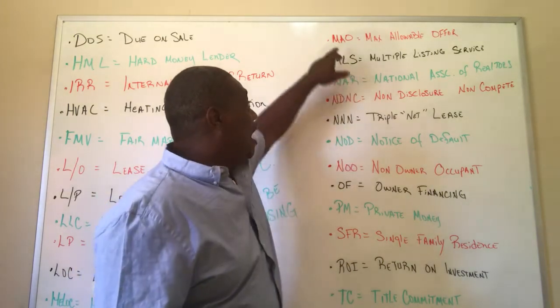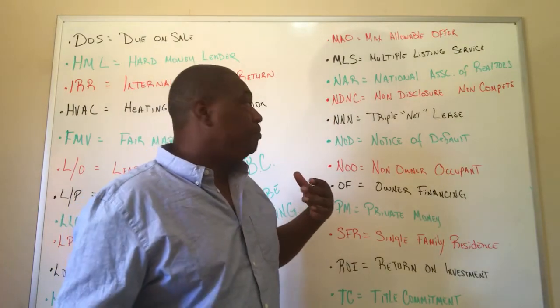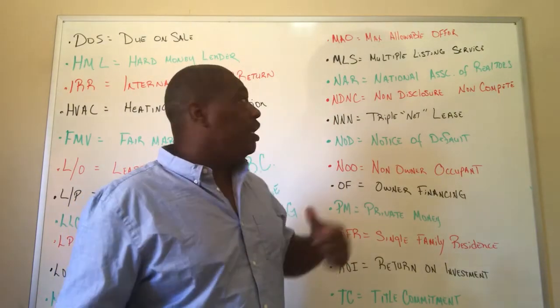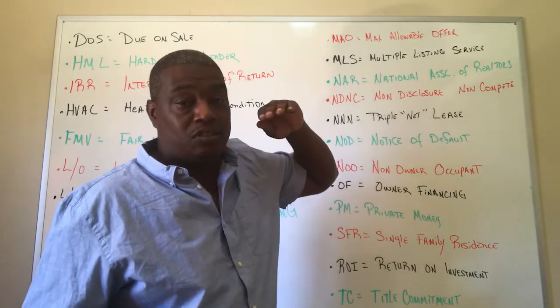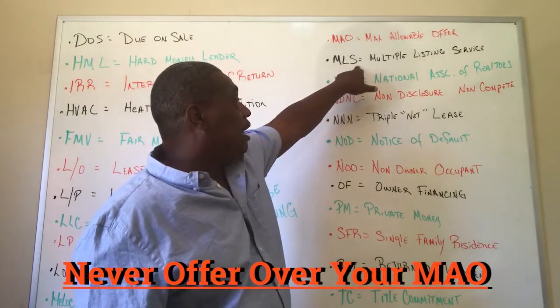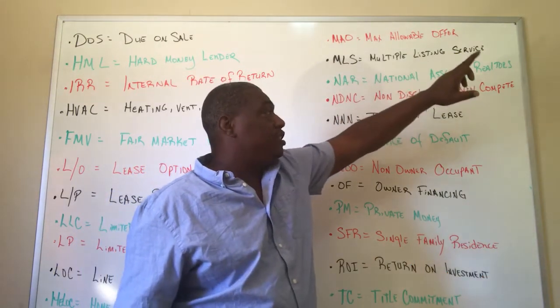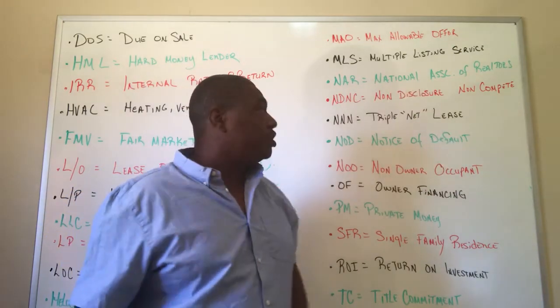Okay? Then you have MAO, which I talked about earlier in conjunction with your ARV, that this is your maximum allowable offer. This is the highest that you can pay for this property. All right? Then you have MLS, multiple listing service. NAR, National Association of Realtors.